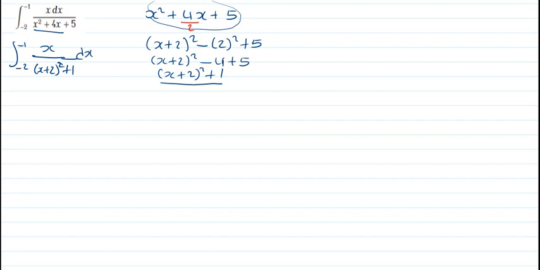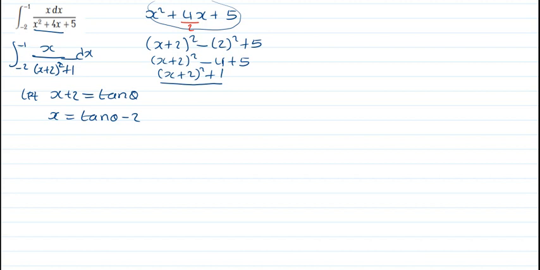Now with this, using trigonometric substitution, I'm going to let x plus 2 be equal to tan theta, meaning that I can make x subject of formula. My x is going to be equal to tan theta minus 2.